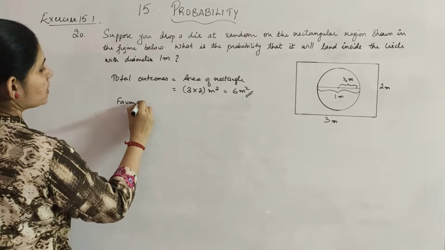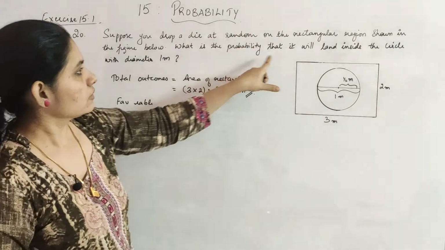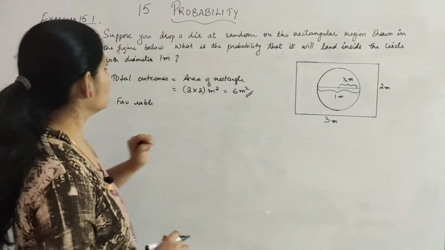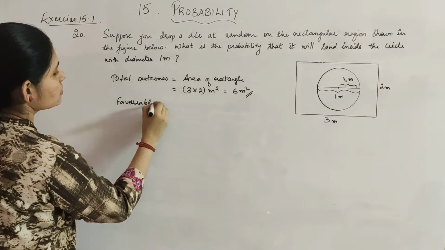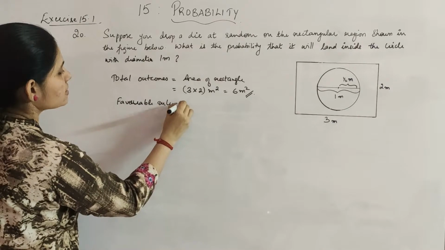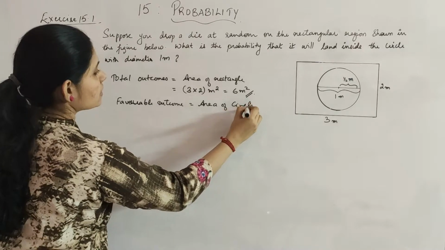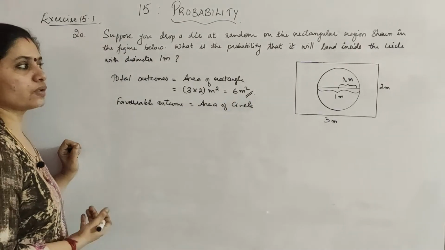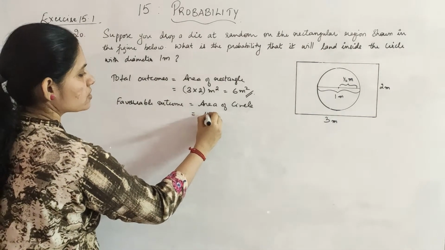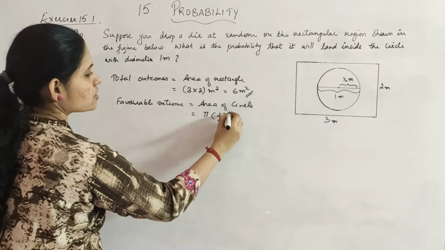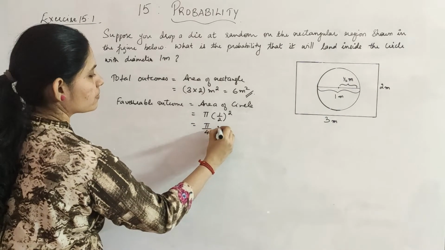Now the favorable outcome means it will be the area of the circle. What is the favorable thing? That is it should land inside the circle. Okay, the die should land inside the circle. So the favorable outcome will act as the area of the circle, which diameter is given to be 1 meter. So what will be the radius? 1 by 2 meter. And you can use the formula as pi r square. So pi into what is r? Half square, which is equal to pi into 1 by 4 or pi by 4 meter square.